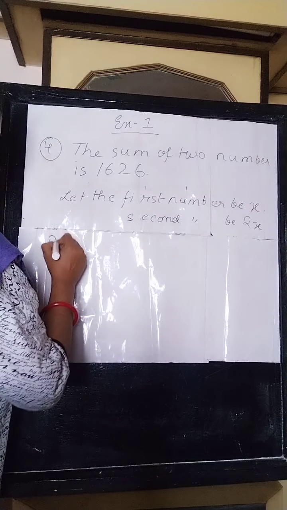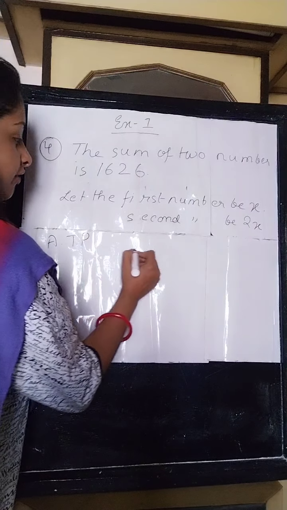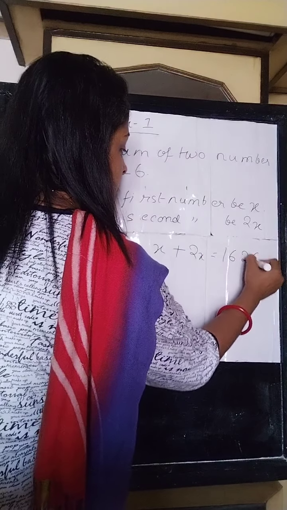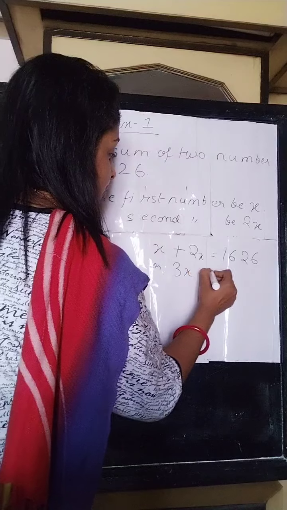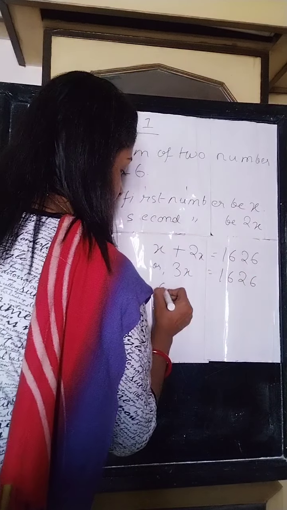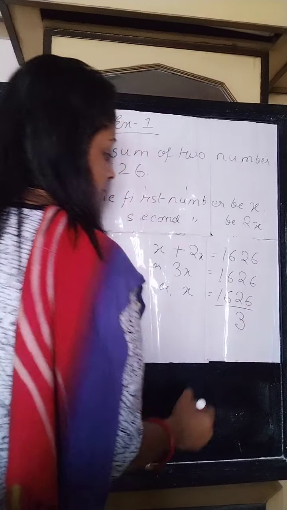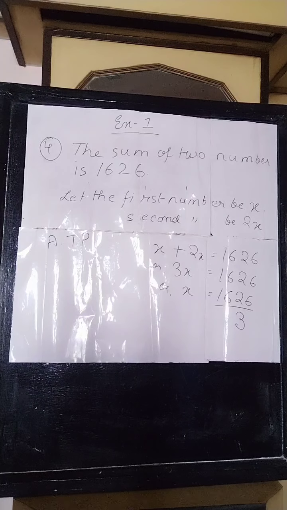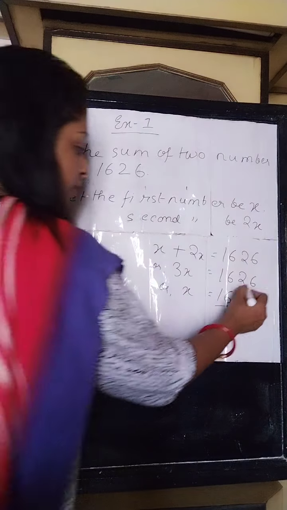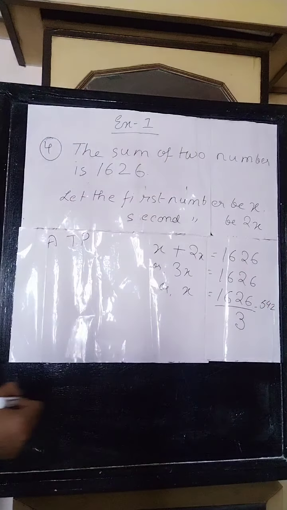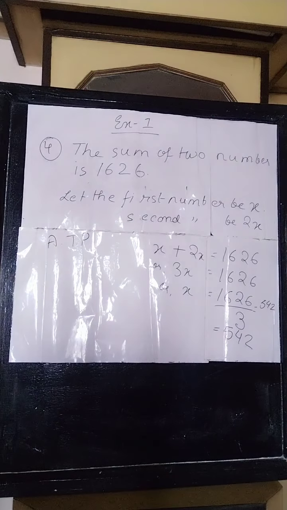According to the problem, the sum of these two numbers is 1626. So x plus 2x equals 1626, which means 3x equals 1626, or x equals 1626 by 3. By doing the cancellation, you get 542. So x equals 542, the first number.